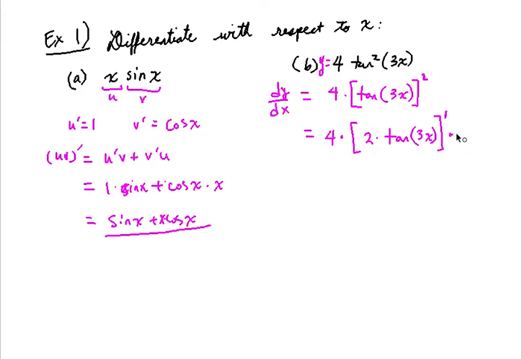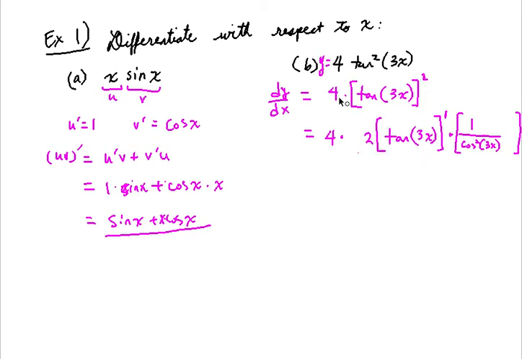Well, that becomes 1 over the cosine squared of 3x, but I'm not quite done because I have another derivative here. This part is going to be the derivative of this inside part.